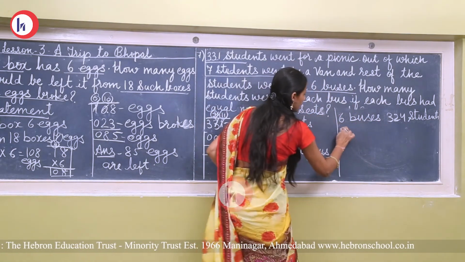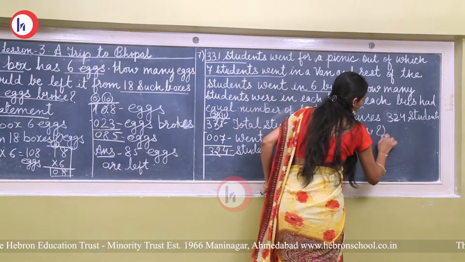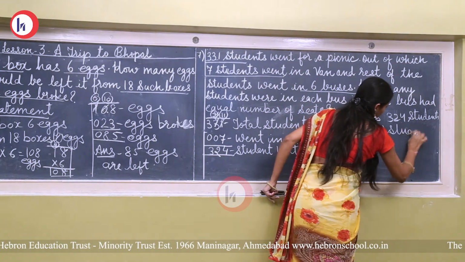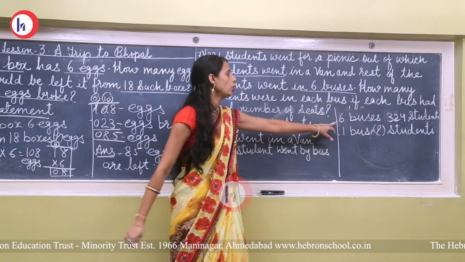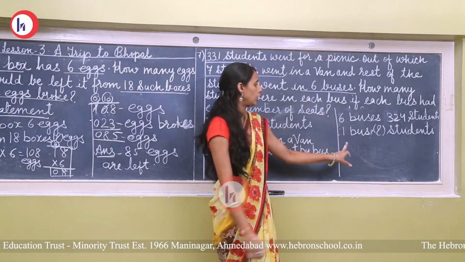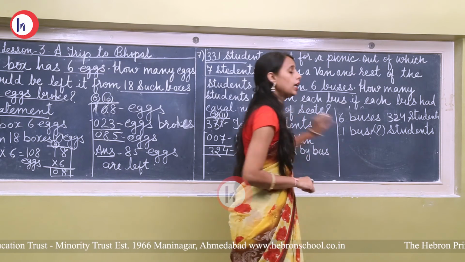So in one bus, how many students? So here the value of more is given and the value of 1 is being asked. So what will we do here? We will do division here.